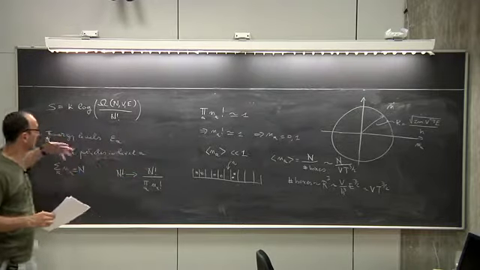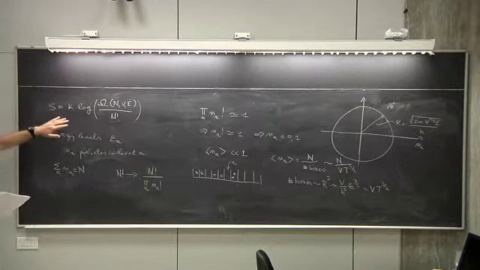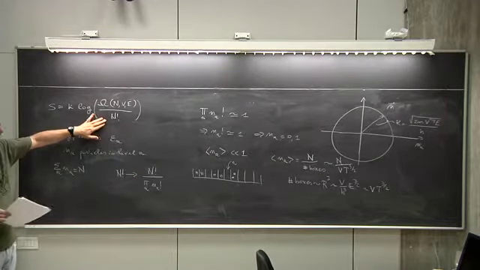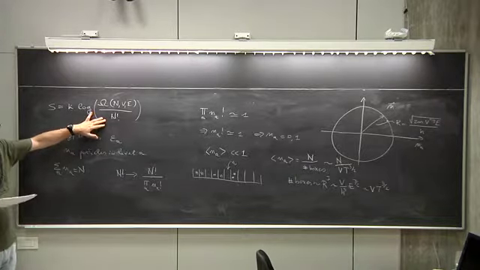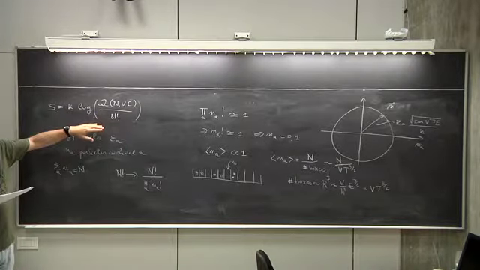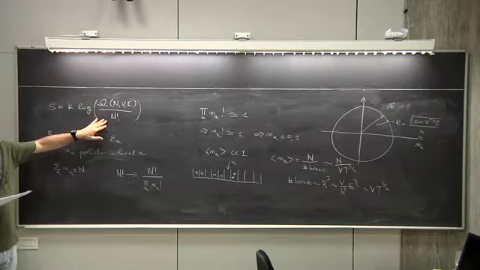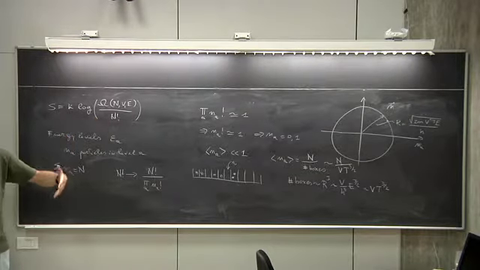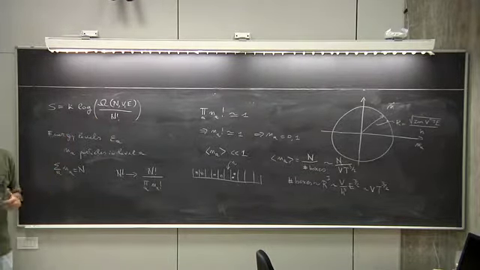The classical way of counting the states, which is given by this formula here, will be correct for low densities and high temperatures.